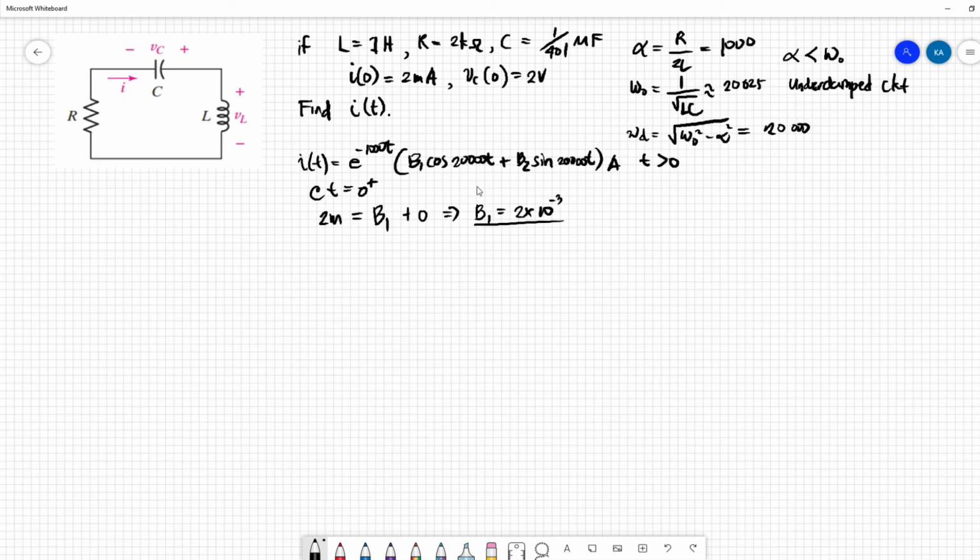Now to get the value of B2, we need to differentiate this expression.